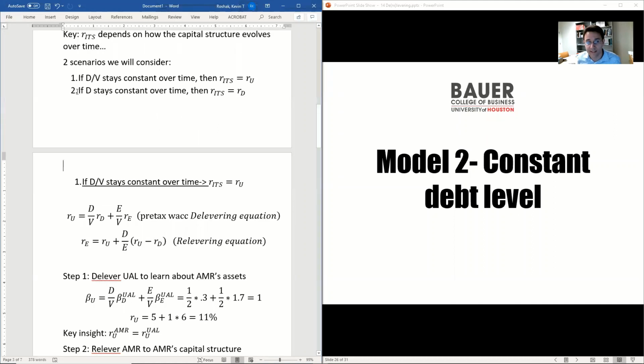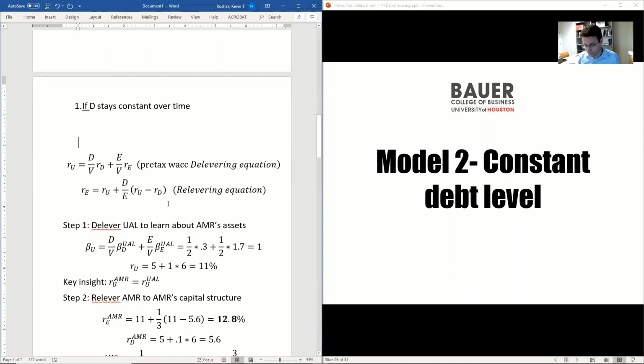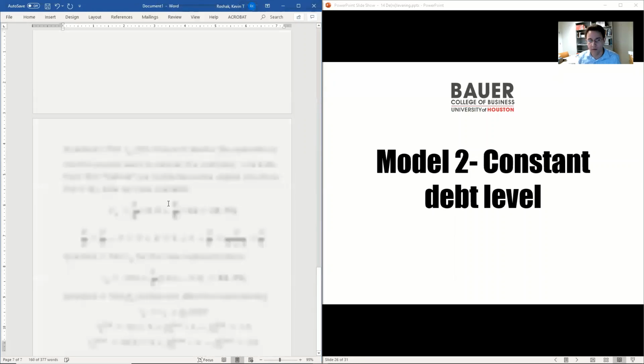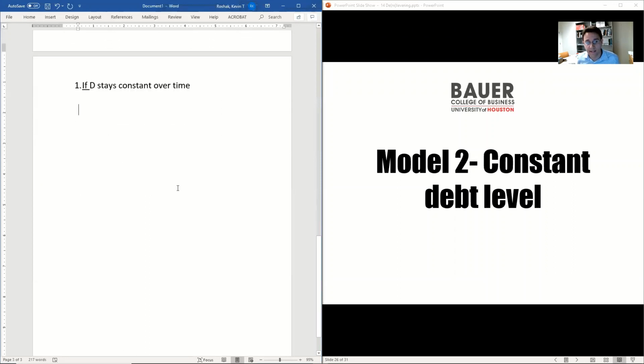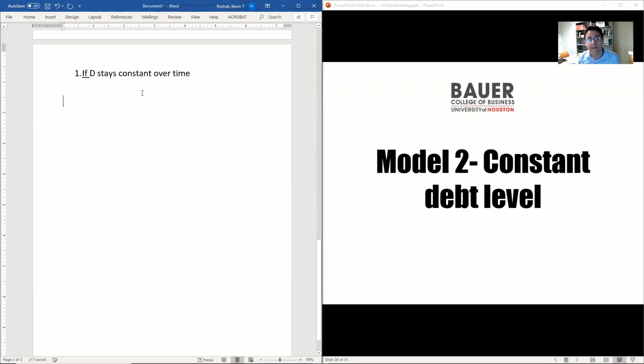Now we're going to move to the second scenario. Instead of having debt to value stay constant, we're going to have a constant debt over time. That's going to change all of the delevering and the relevering business. So we're going to get rid of all of these things that we've had. If the debt stays constant over time, then what's going on to the tax shields?